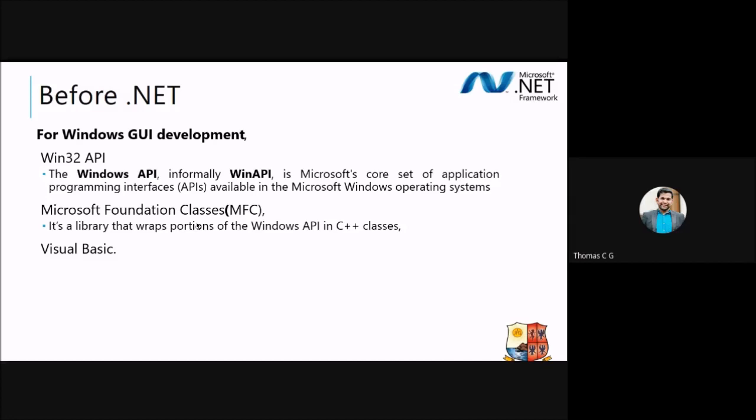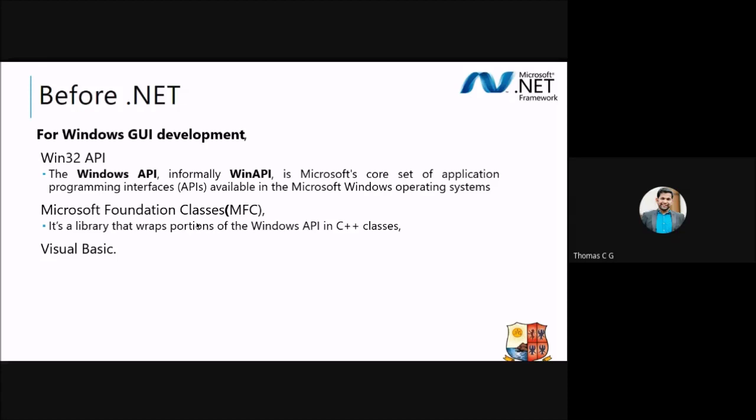It is still the language; what you are writing there is Basic. In that one, you have a visual interface. That's why it's called Visual Basic. But after .NET came in, it was changed into VB.NET. It is Visual Basic on top of the .NET Framework. We'll see how it happens shortly.